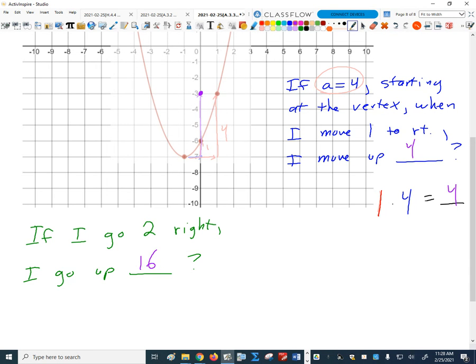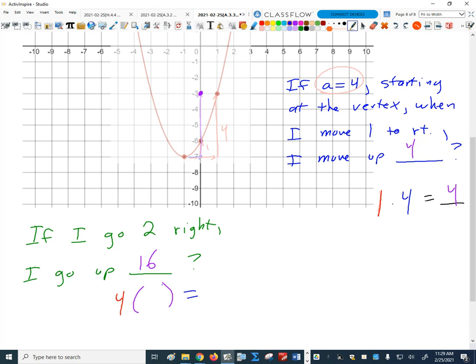And once again, what's the reason? Because my normal height of 4 times a, which is 4, equals, oops, that's supposed to be blue. I just want to keep my colors consistent.